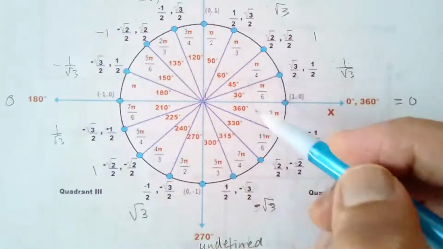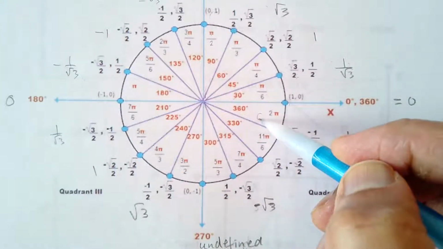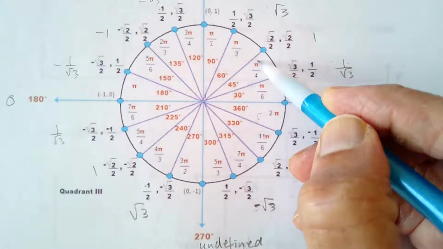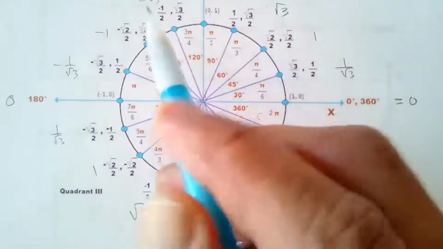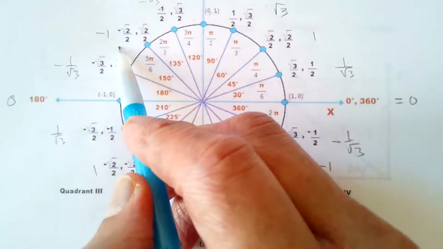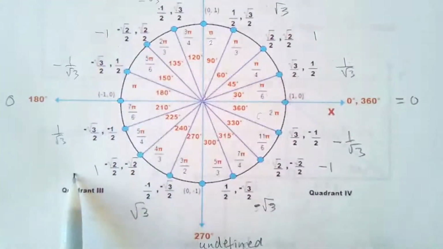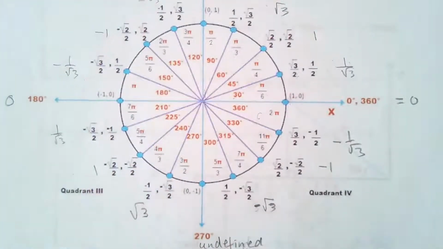Remember your CAST rule: only the cosine is positive in quadrant 4. All the trig functions are positive in quadrant 1. The sine is positive in quadrant 2, and the tangent is positive in quadrant 3.